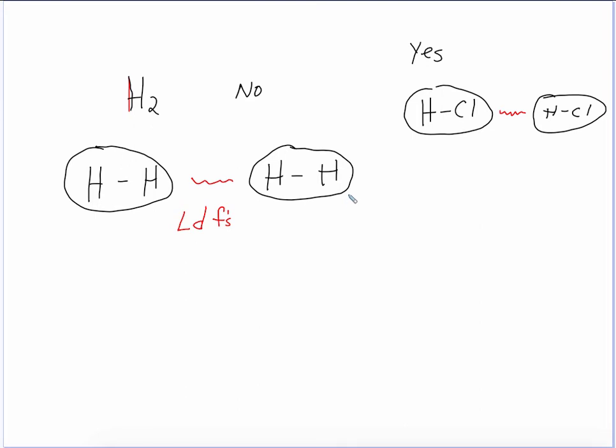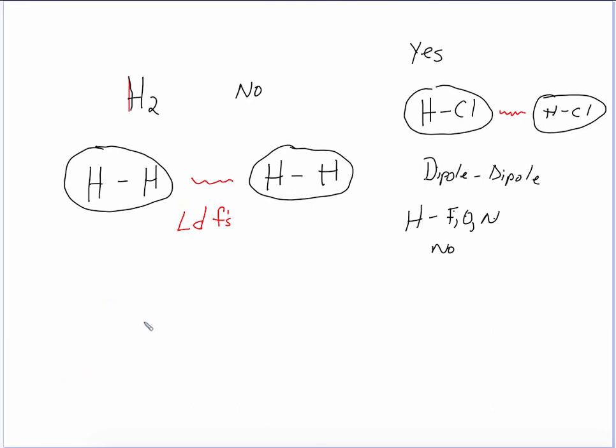Now because it's polar, we have to think about, can it hydrogen bond? In order to hydrogen bond, you have to have a hydrogen bonded to an F, O, or N. And is there a hydrogen bonded to an F, O, or N? The answer is no. Therefore, this force between these two is only called a dipole-dipole interaction. Okay? No hydrogen bonding.